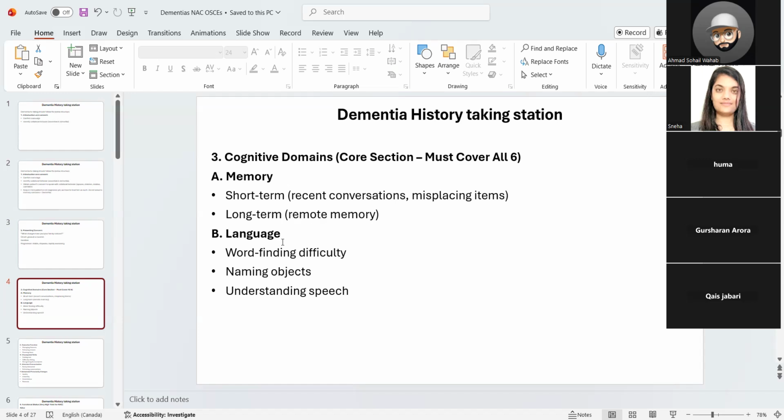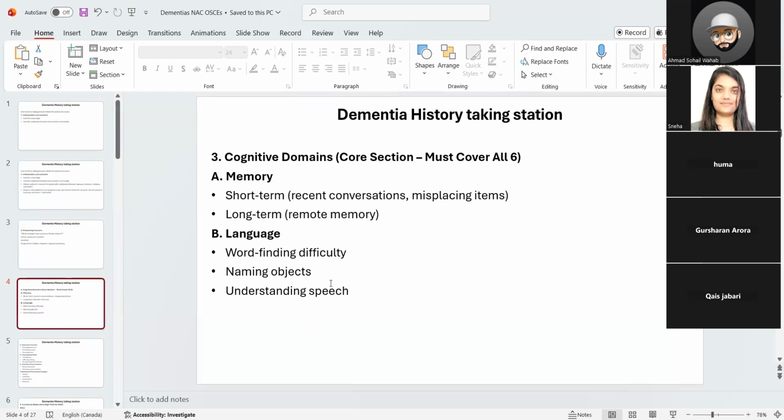In short-term memory, Alzheimer's patients usually initially have short-term memory deficits, and then later on long-term, and all those symptoms can get added on. Now, language: word finding difficulty. Does the patient feel like they're unable to speak fluently and have to think about a word, and then they can't find it, and they have to change their whole sentence?